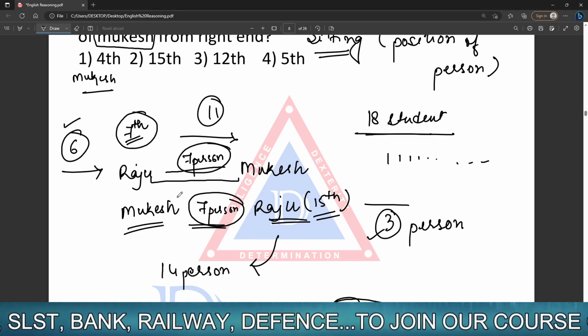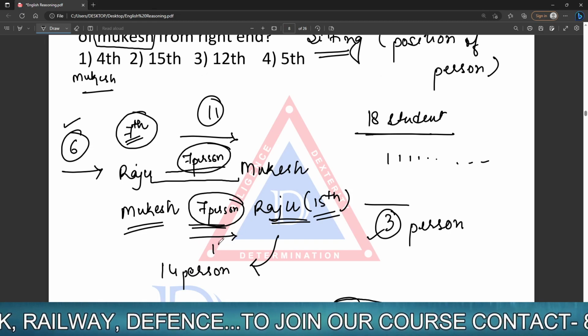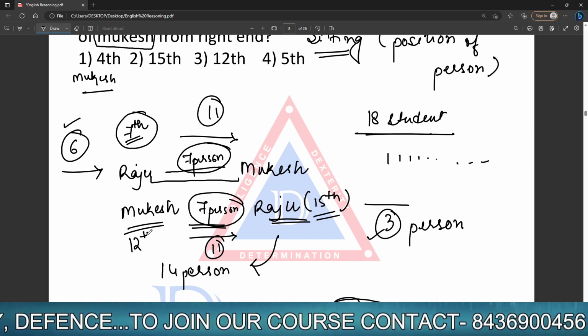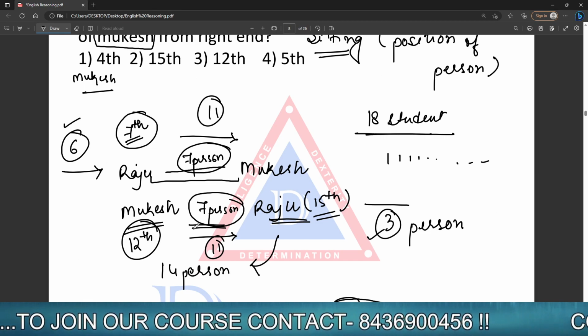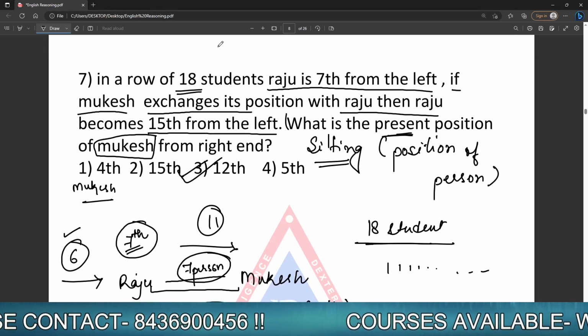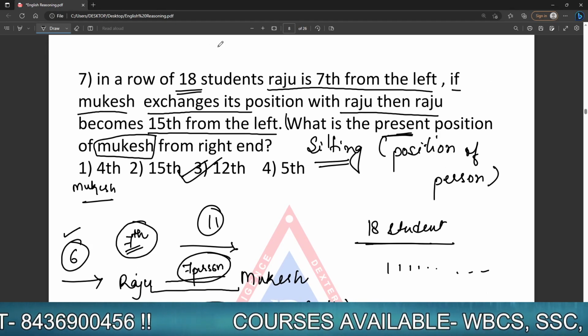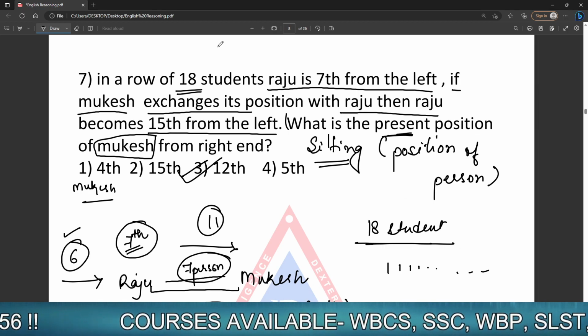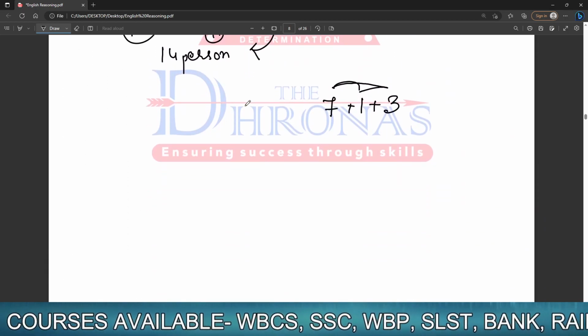That means 11 persons are to the right of Mukesh, so Mukesh is 12th from the right end. So the answer is 12. Hope you got it. Chalo, next question.